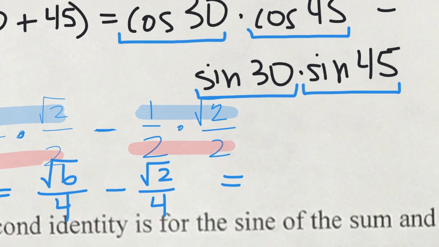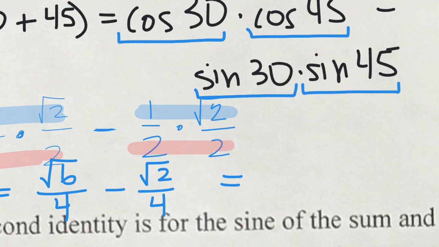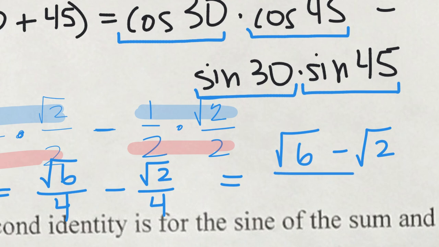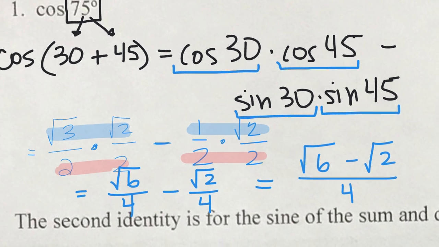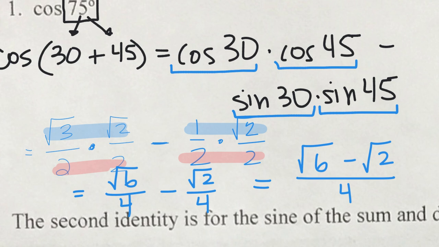And my last thing, here I have a subtraction of fractions with the same denominators, which means I can subtract my numerators. But here's the deal. We can't actually subtract these two things because they don't have the same exact radical. So our answer is this: root 6 minus root 2 divided by 4.